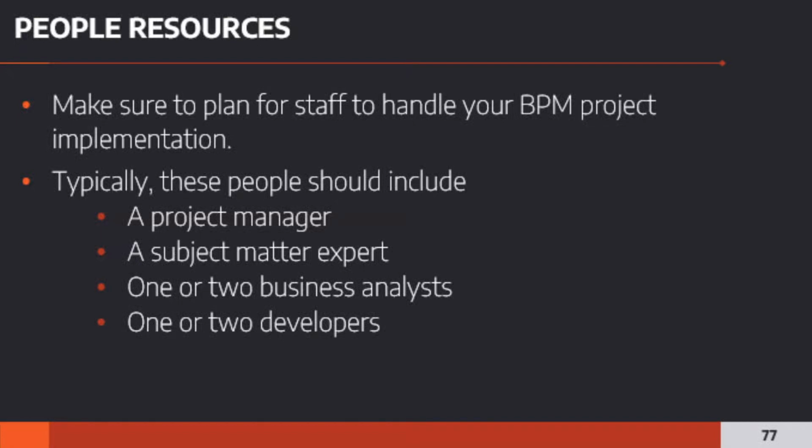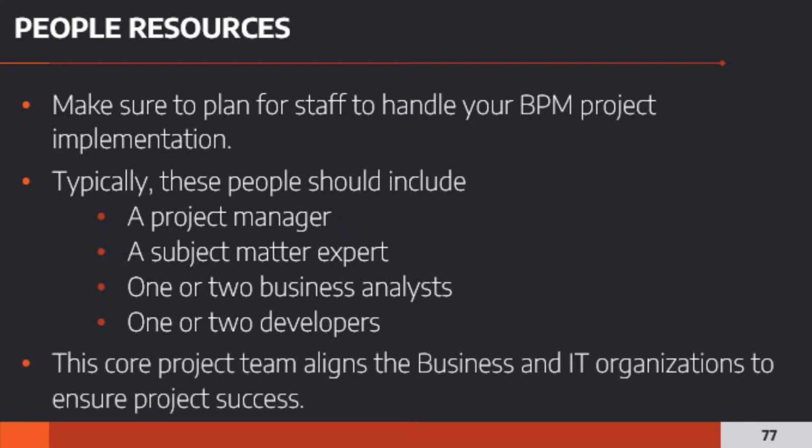You need a project manager, you need a subject matter expert, and you need 1 or 2 business analysts and 1 or 2 developers. So this core project team aligns the business and IT organizations to ensure project success. So more or less, you will be looking at 2, 4, 6 people resources for your BPM implementation.